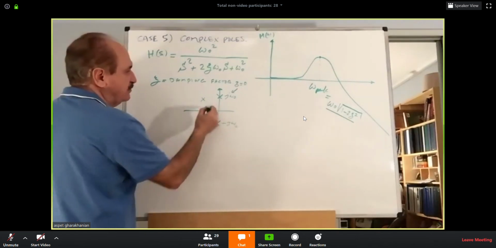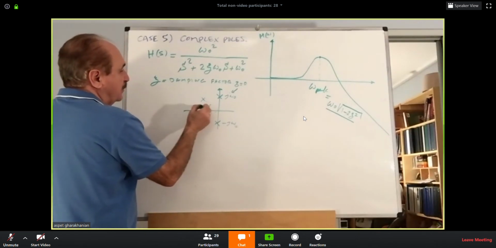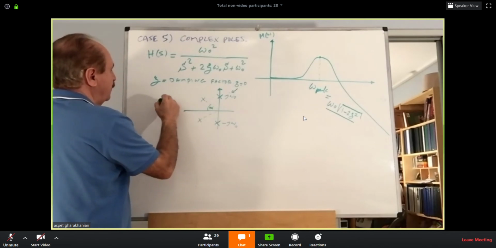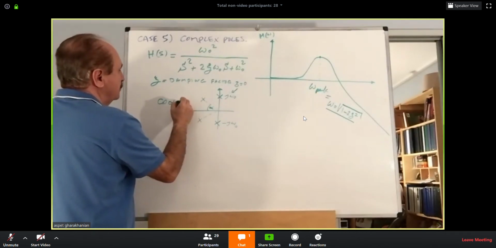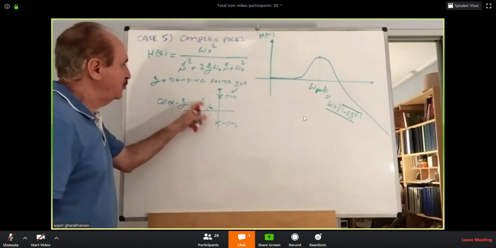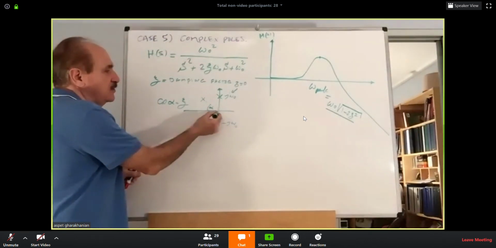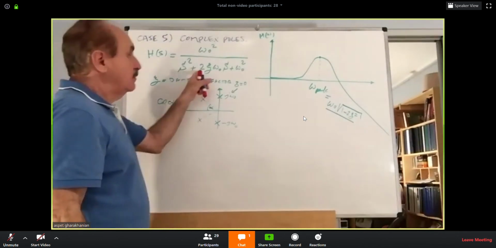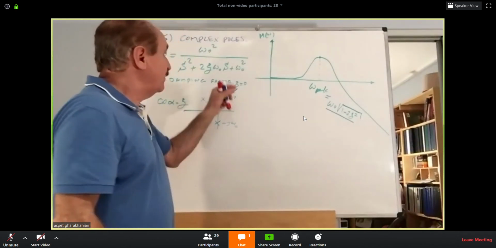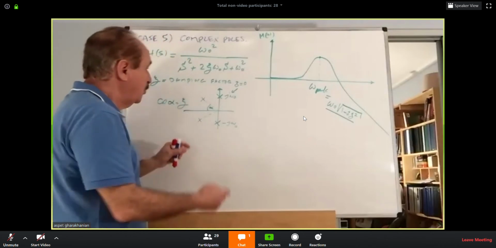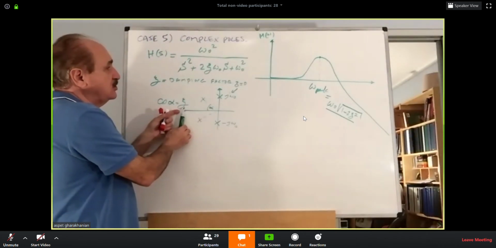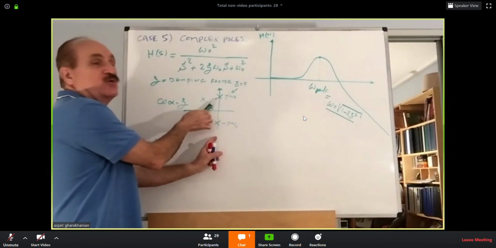Actually, it is possible to show that for this angle, alpha, cosine of alpha is the damping. Cosine of alpha, formed at the origin with respect to the complex pole, is the damping factor of that circle. So when alpha becomes 90 degrees, cosine of 90 is 0, so it takes the poles right over there.